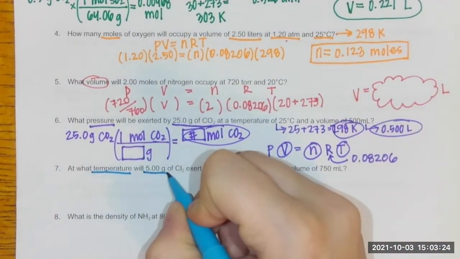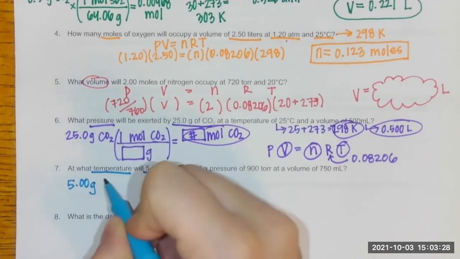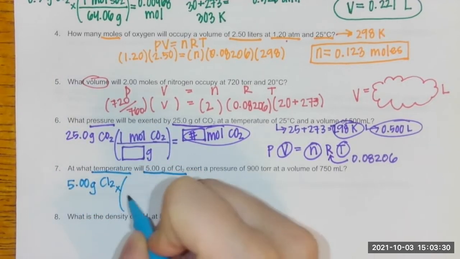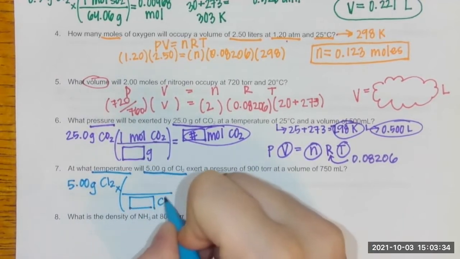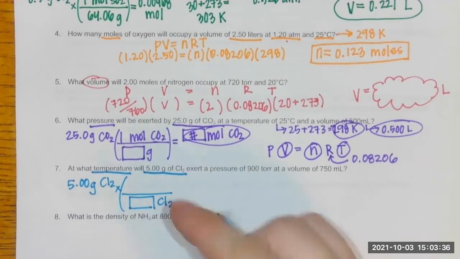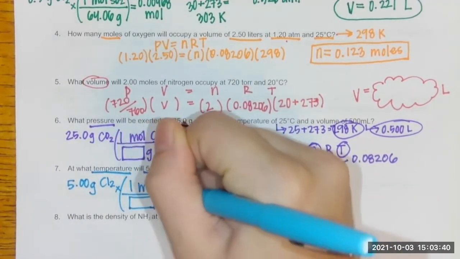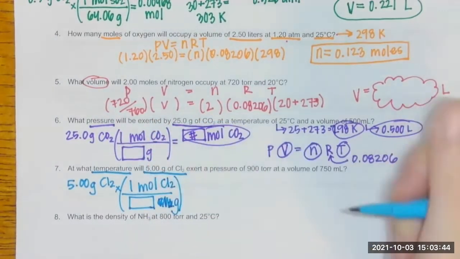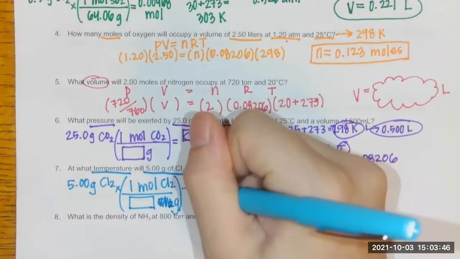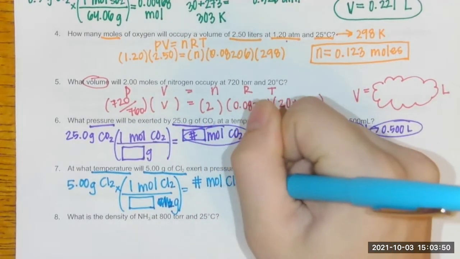I'm going to use this to find the number of moles. 5 grams of Cl2. Each Cl2 weighs however much. Use your periodic table. Whoops, I should have put grams here. Grams per mole. Then you'll know the number of moles.